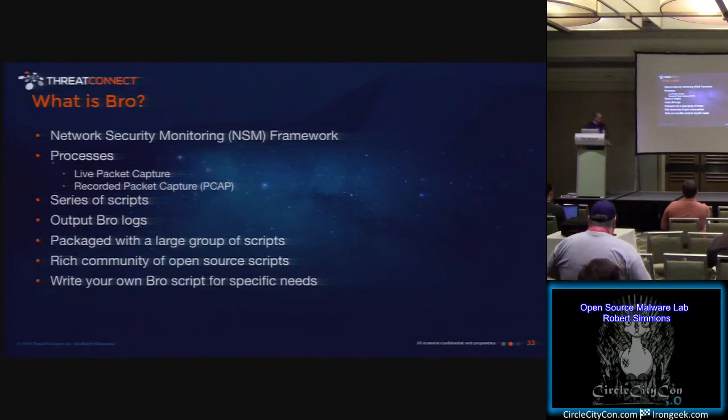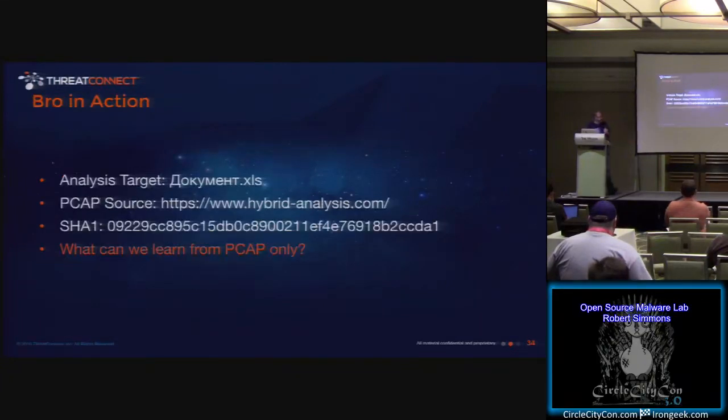But for all intents and purposes, it's a table of information about the protocol or the connections or the different things that particular Bro script was looking for. So what I want to do is highlight, and I know this is not the automated portion of this, the power of Bro and how it can be used for malware analysis.